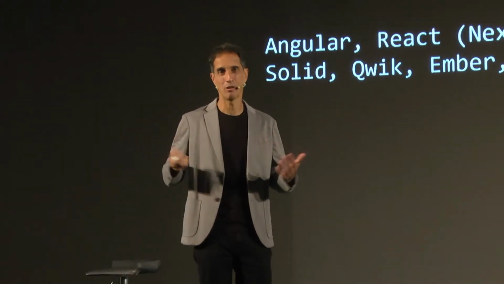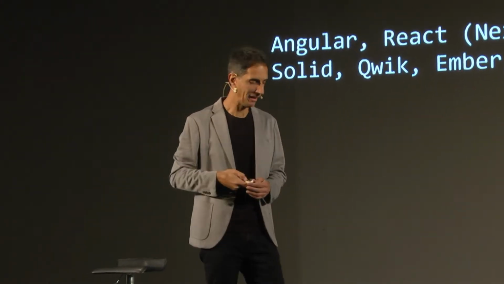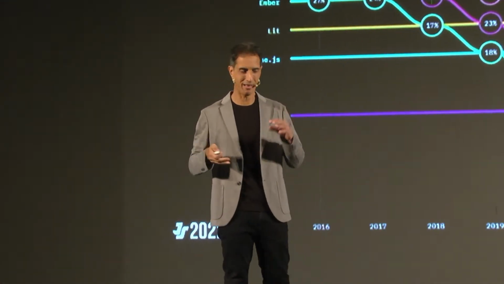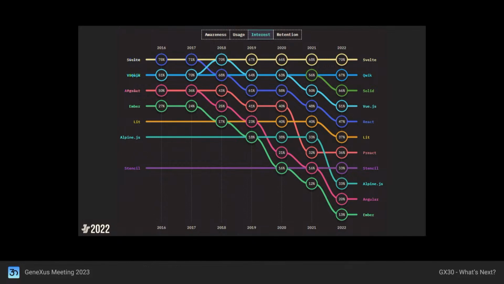I will show you what's happening, what everybody's talking about in terms of web development. This is a survey that is conducted annually. I got this from the State of JS page. This is the survey 2022.